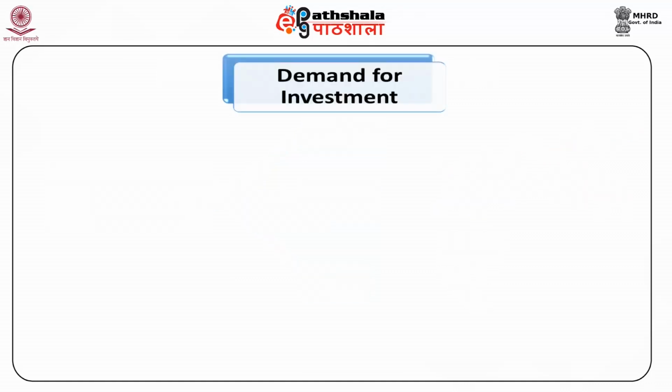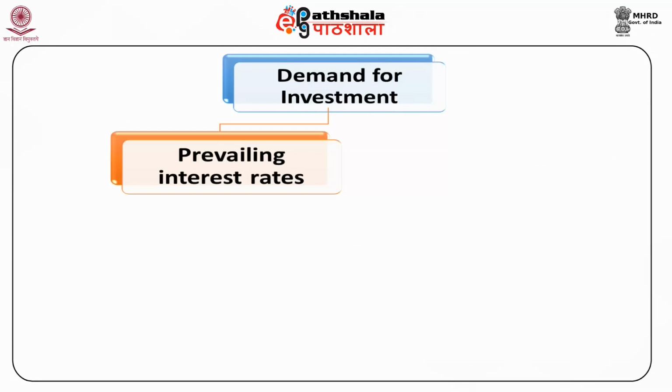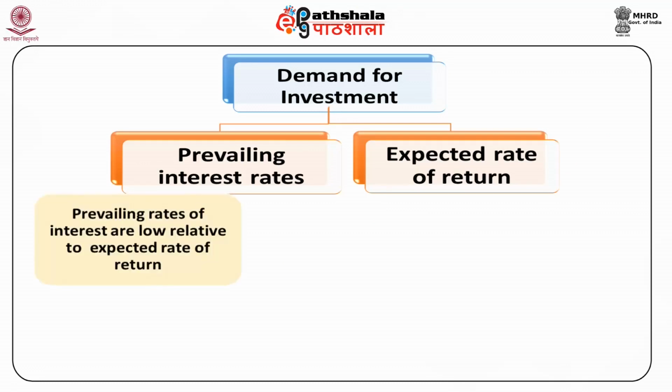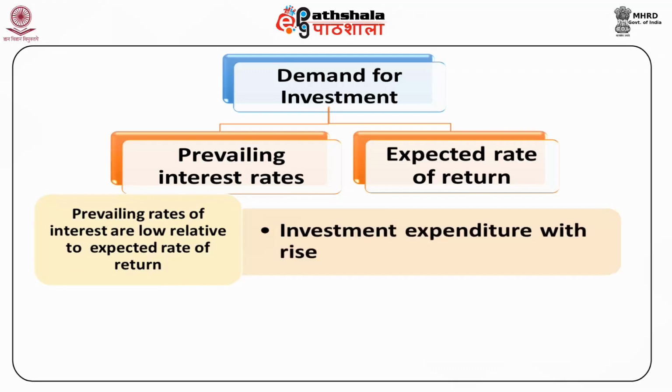The demand for investment depends upon prevailing interest rates in the market and expected rate of return. If the prevailing rates of interest are low relative to the expected rate of return from the investments, the investment expenditure will rise.